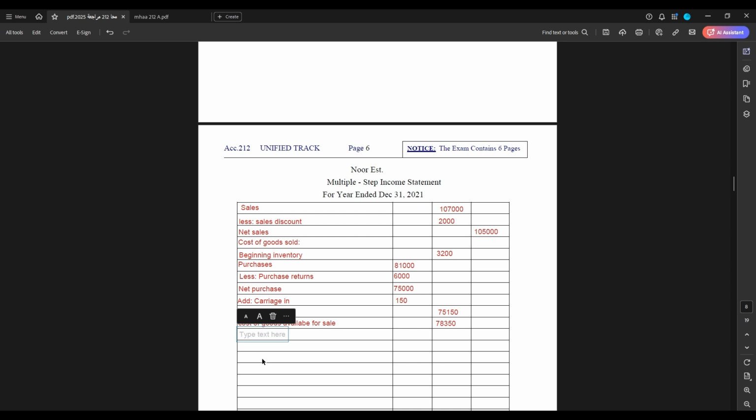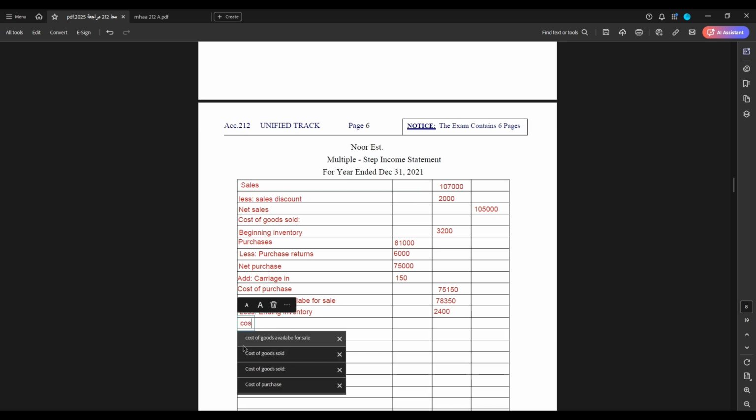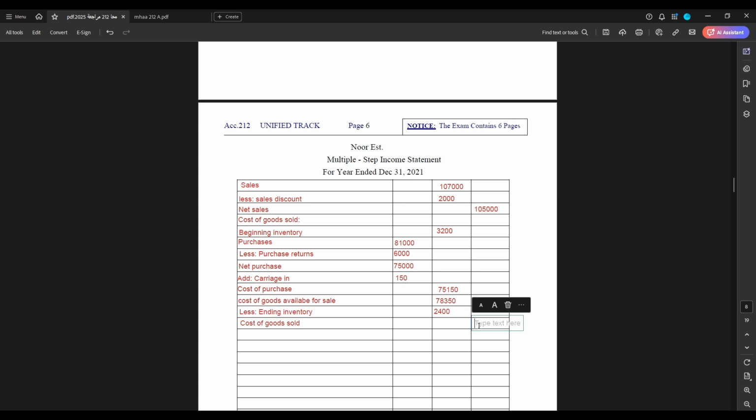Now we will deduct the ending inventory. So less ending inventory. We have ending inventory of 2,400, which will give us cost of goods sold of 75,950.